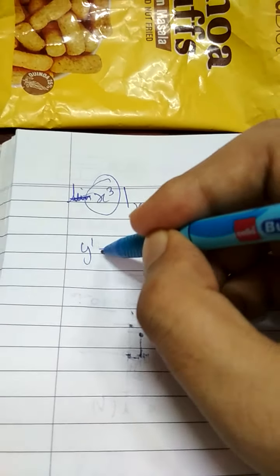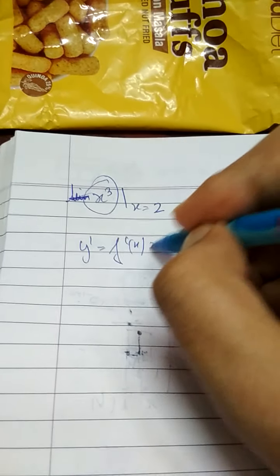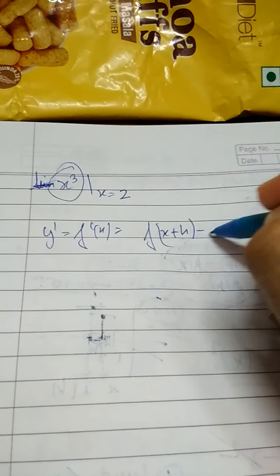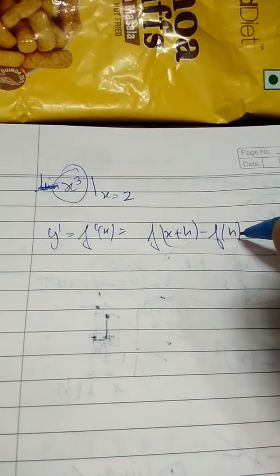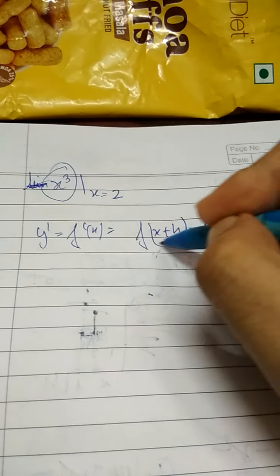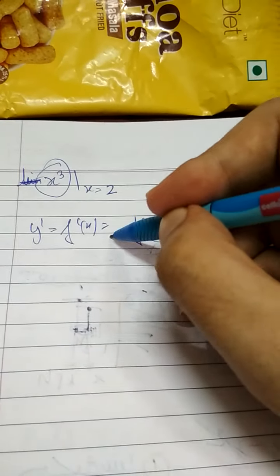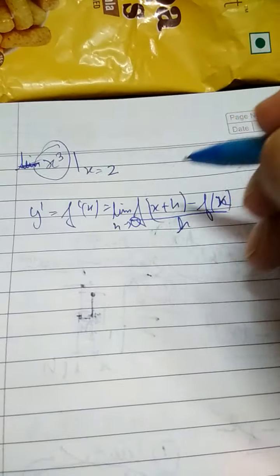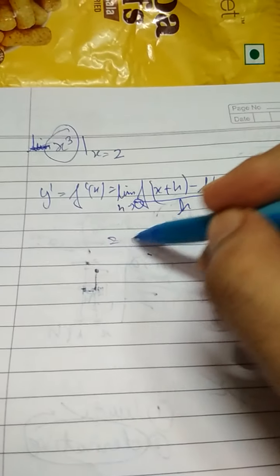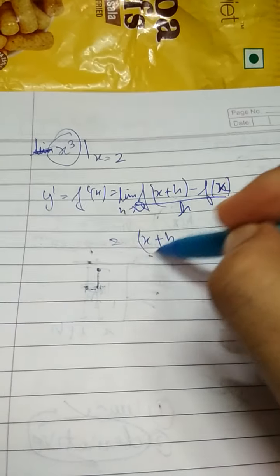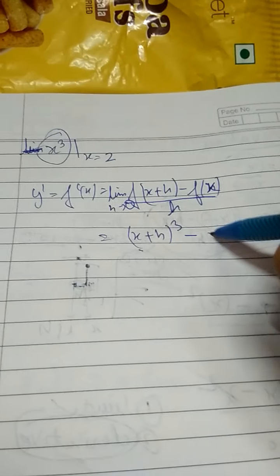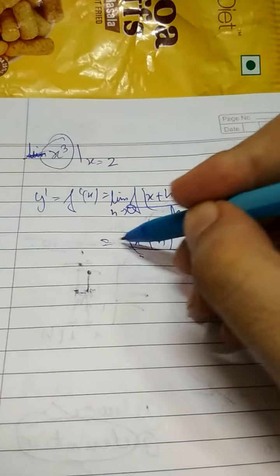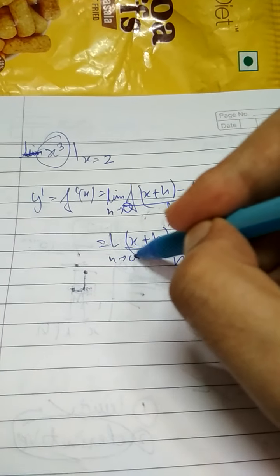So y dash or f dash x is equal to f of x plus h minus f of x, divided by h, under the limit h tending to 0. So this becomes x plus h whole cube minus x whole cube, divided by h, under the limit h tending to 0.